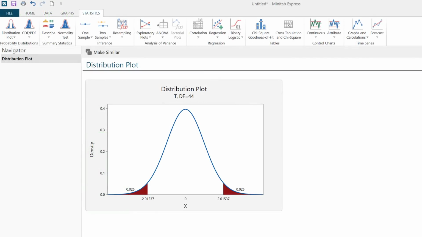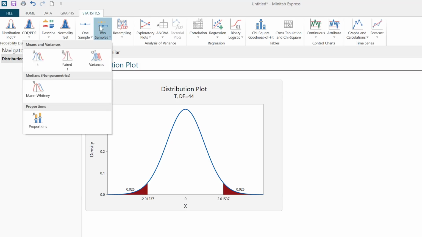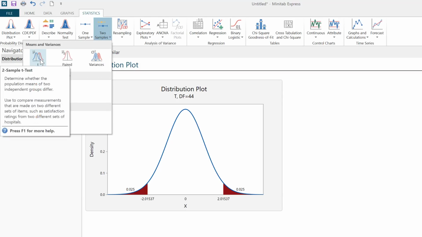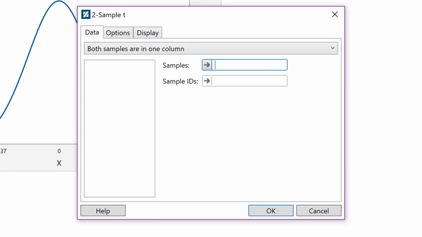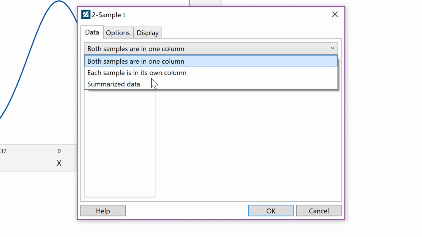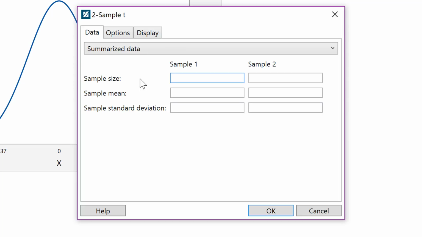I'm on a PC, so I'll go to Statistics, to Samples, T. If you're on a Mac, you'll go to Statistics, to Sample Inference, T. The default is to have raw data with both samples in one column. In this example, we have summarized data. Sample 1 was the control group.